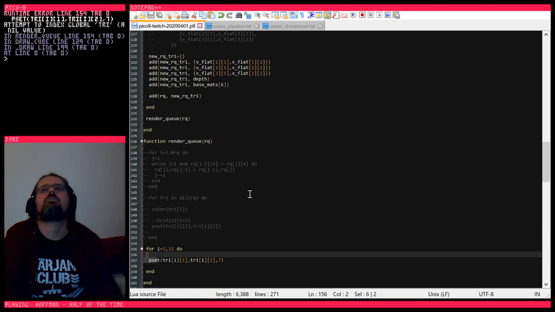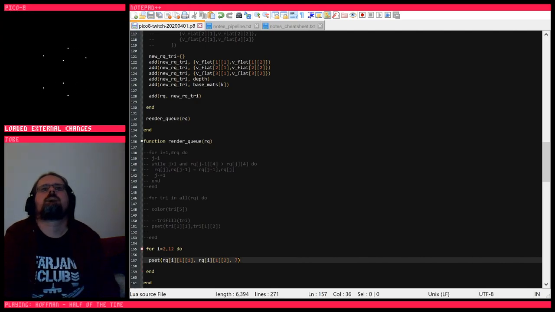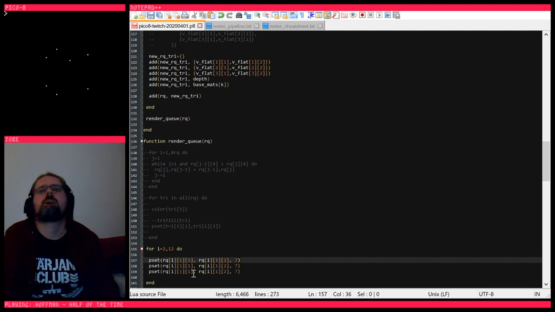So the RQ should have 3 vertices. So this.